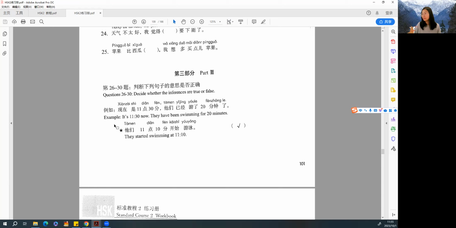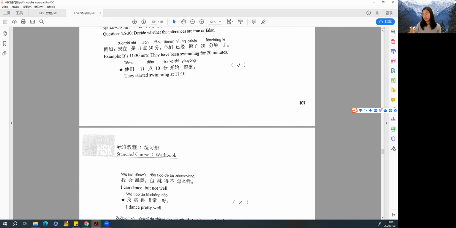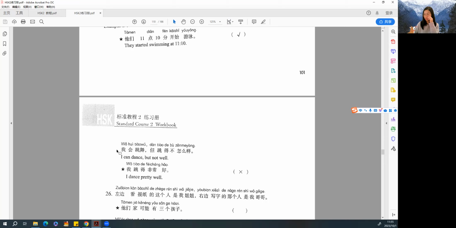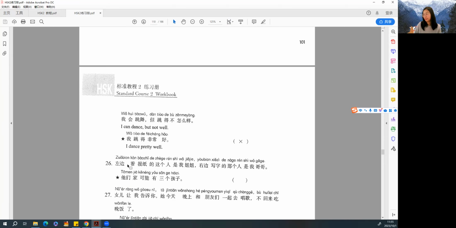Here you are going to decide whether the sentence is correct or not correct based on the first lesson. So this question is interesting.